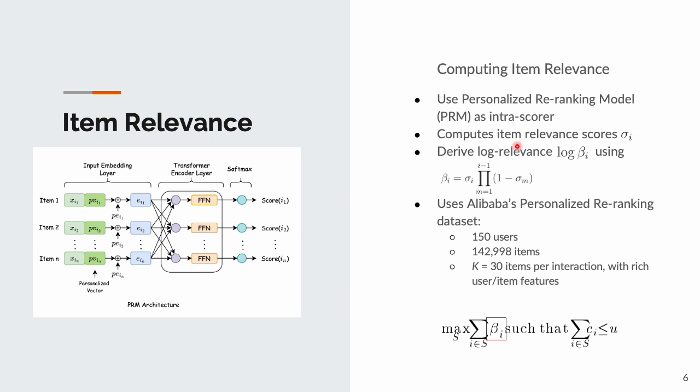From the item relevance scores, we derive the log relevance denoted by log beta i for each item, used for reward computation. For the training of the PRM model, we use Alibaba's re-ranking dataset consisting of 150K users, 150K items, and 30 items per slate.